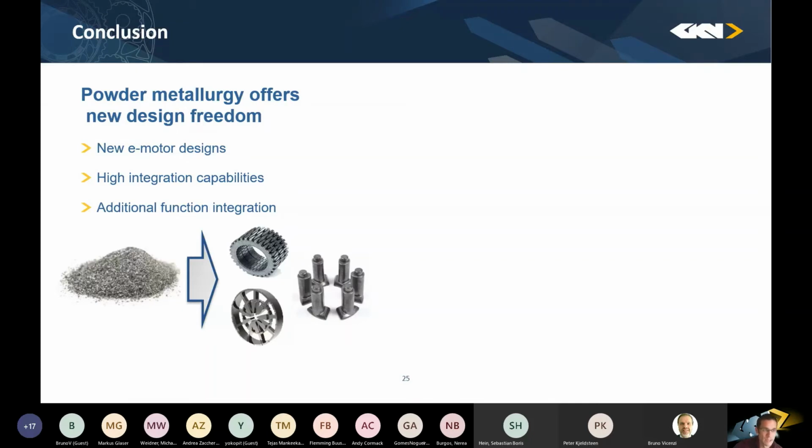And therefore we can much more integrate the systems, utilizing the design freedoms which we have. And that's something which we as powder metallurgy companies, and especially at GKN, do: supporting our customers to think out of the box to utilize the benefits of our material as well as possible.